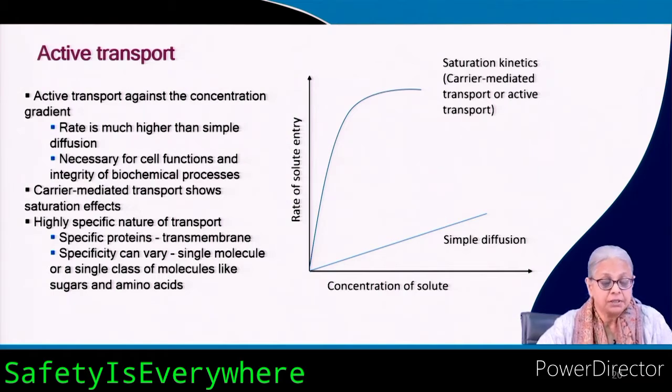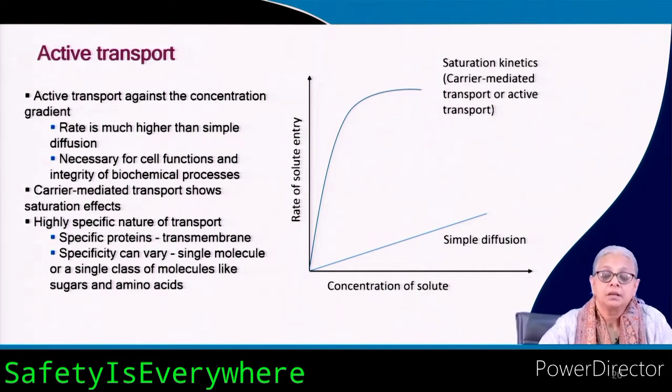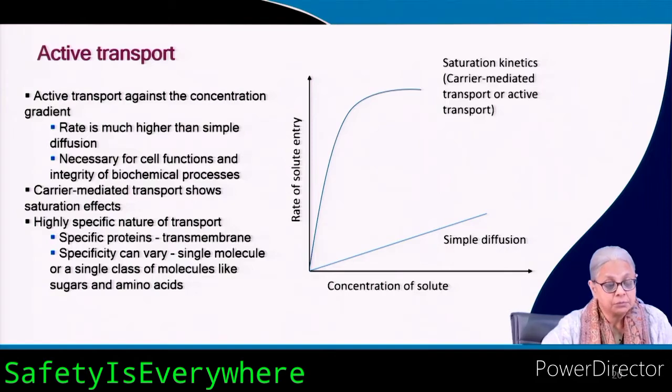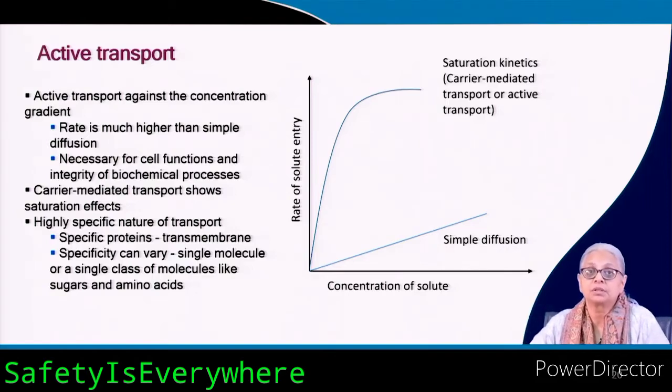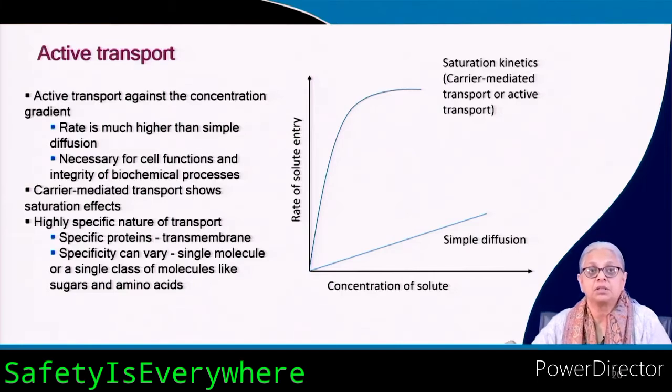The rate is much higher than simple diffusion in the case of active transport, and it is necessary. You will find in all subsequent examples that cell functions and the integrity of most biochemical processes are basically based on active transport. So carrier mediated transport shows saturation effects. And then you have the highly specific nature of the transport. You have specific proteins.